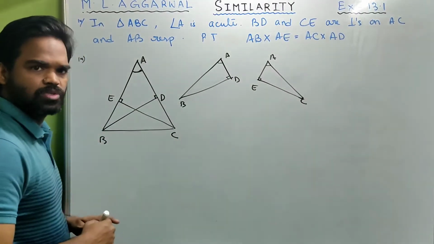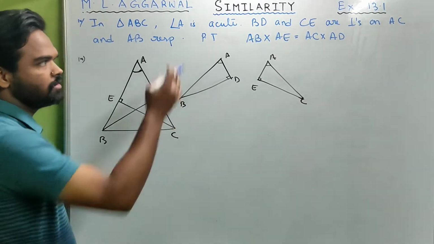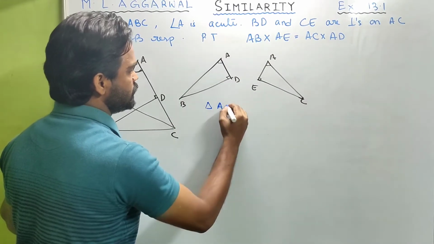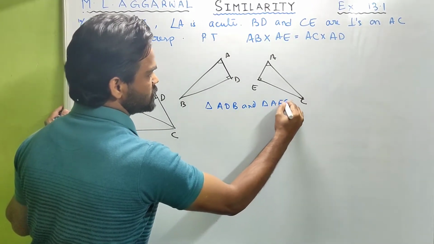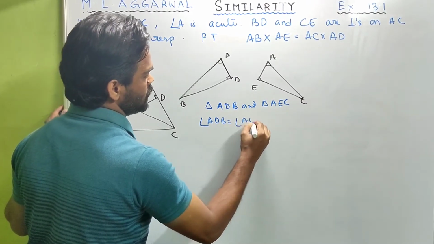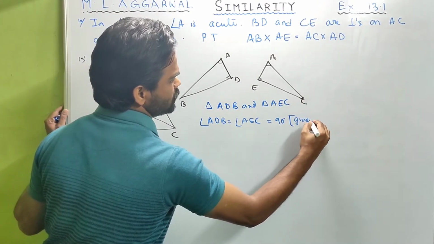If they are similar, use the property that the corresponding sides are proportional to each other. You will get this. Look over here. In triangle ADB and triangle AEC, angle ADB is equal to angle AEC is equal to 90 degrees. That was given to us, isn't it?